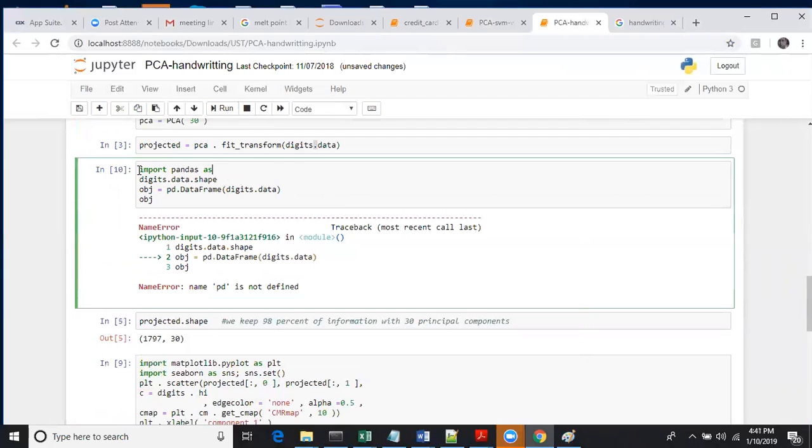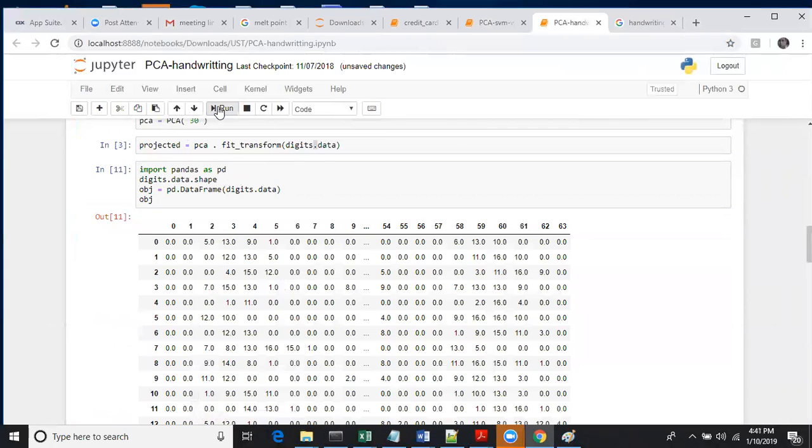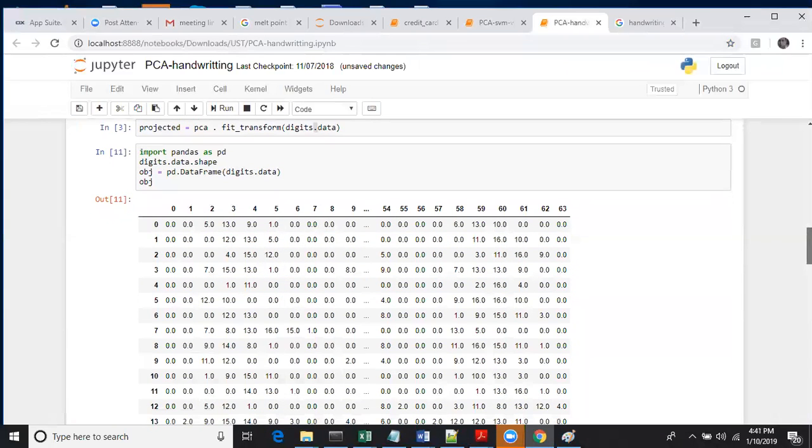Import pandas as pd. This is 64 columns, right? See, this data has been represented like this.